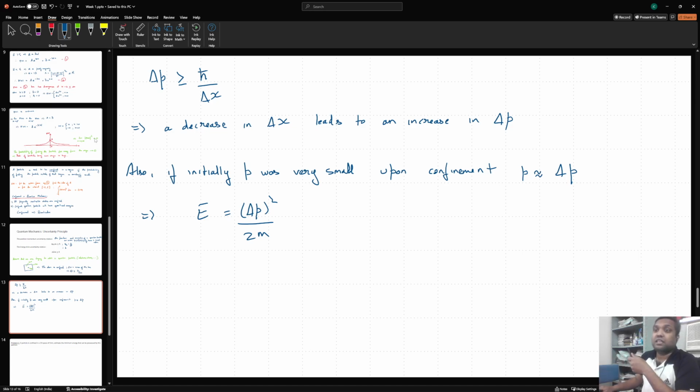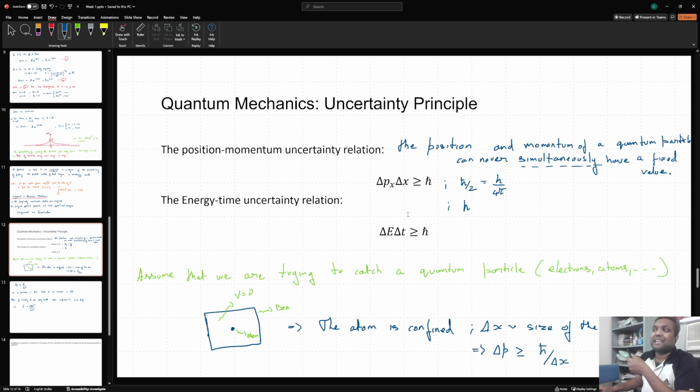So now let us see. Before that, let us also look at the second uncertainty relation. I will not talk too much about this. I will just put a comment on this slide saying it will be important in later weeks.